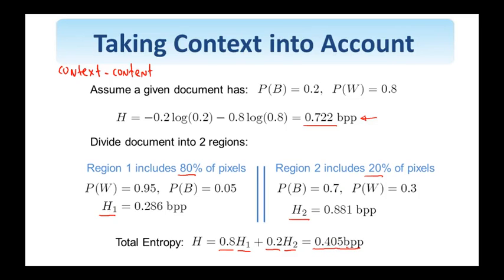So what we see is that by dividing the document into two regions, the entropy has been reduced to almost a half of the original entropy, and therefore the use of multiple coders which adapt to the context of the symbol being encoded is beneficial. And this same idea has been used extensively, of course in a more refined form that I will explain later, when arithmetic coders are used.